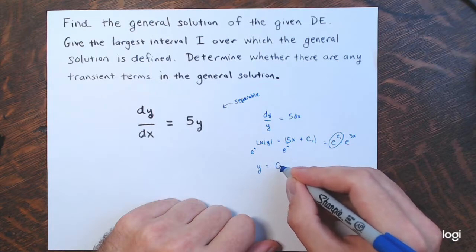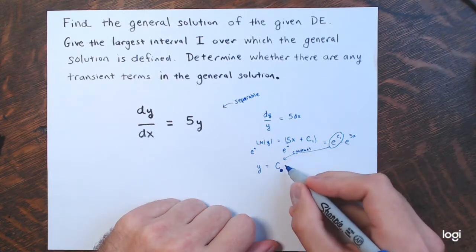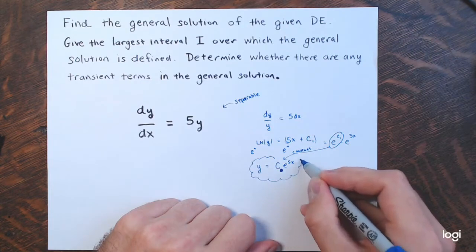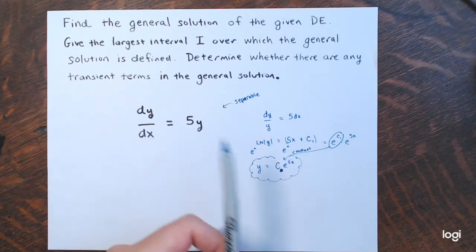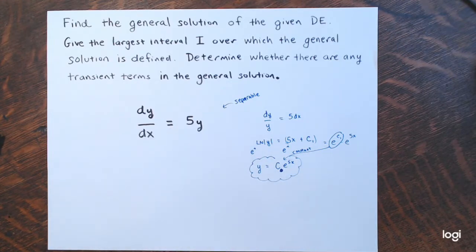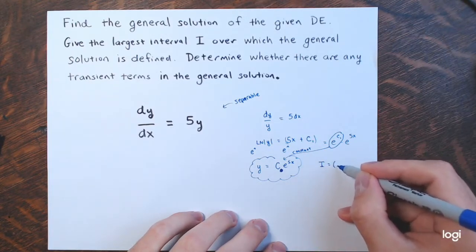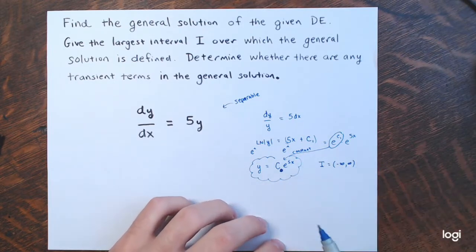So y equals c, some constant, times e to the 5x. This is an explicit solution, a general one-parameter family of solutions to this differential equation. The largest interval over which it's defined would be all real numbers. It's an exponential, defined everywhere.